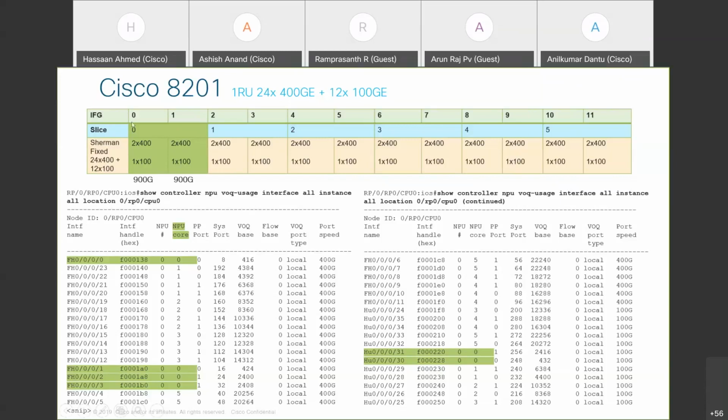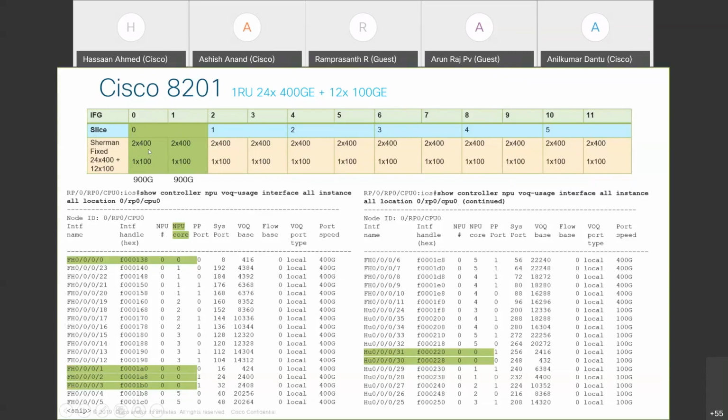Okay, so here, as I mentioned, each slice will have 2 interface groups, interface group 0 and 1. Then you have a total of 12, 0 to 12, 6 interface groups would be there. Each slice will have 2 interface groups. And this is for 8201.